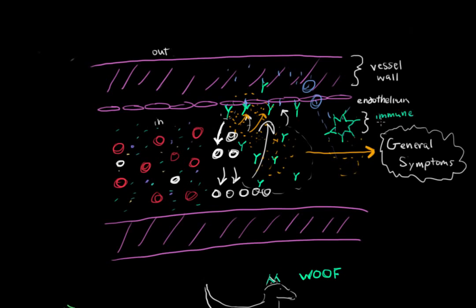This is known as an immune complex. So immune complexes will also travel down the bloodstream, and they can get stuck in different parts of the body. Generally, the more common places these immune complexes get stuck are in the kidneys or the joints. And it's really not known why they prefer these locations. So autoimmune damage is the root cause of vasculitis.